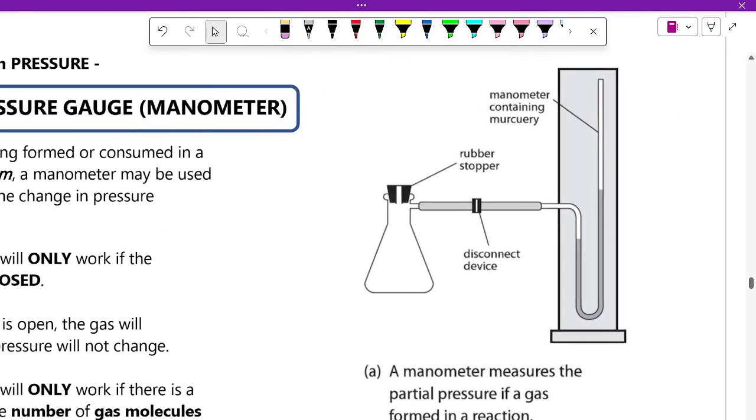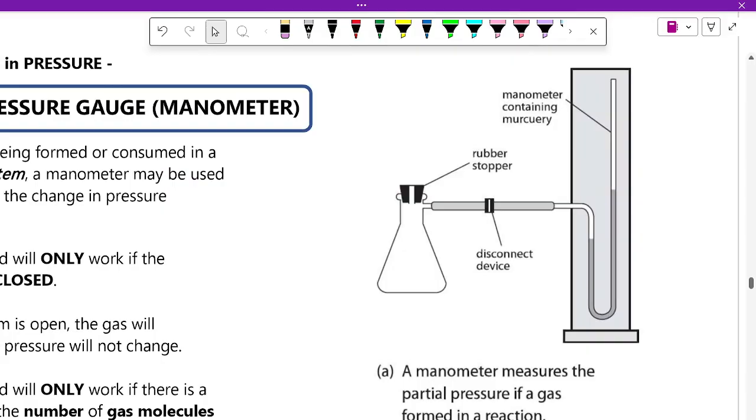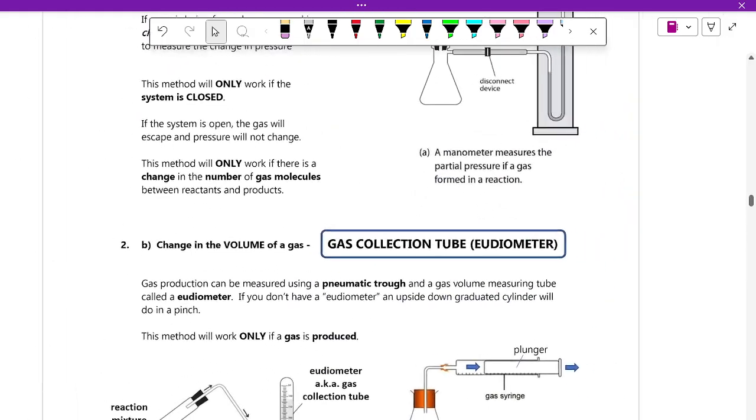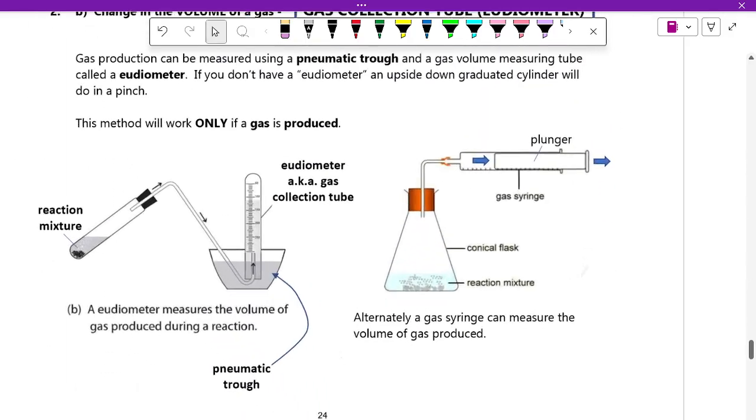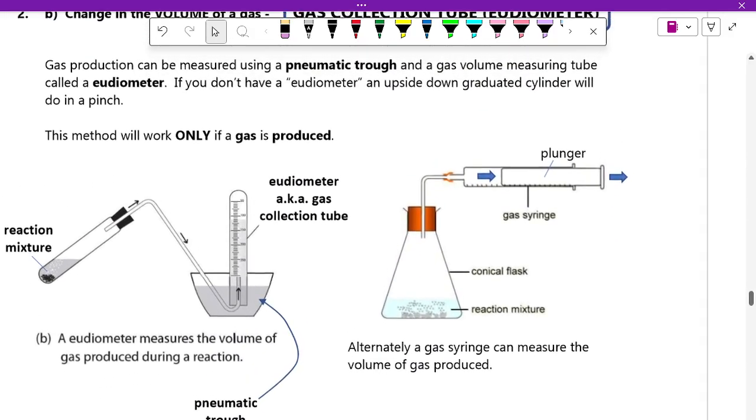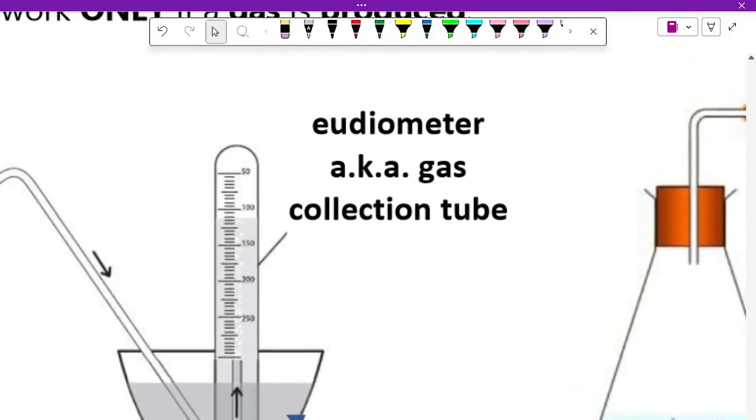This is just a picture of a pressure gauge. You don't need to know what that looks like. You just have to be like, pressure gauge, I can measure pressure. Last day we talked about the gas collection tube. If you want the big fancy name for it, it's called a eudiometer, but you don't need to know that either. You don't need to be able to draw this apparatus.